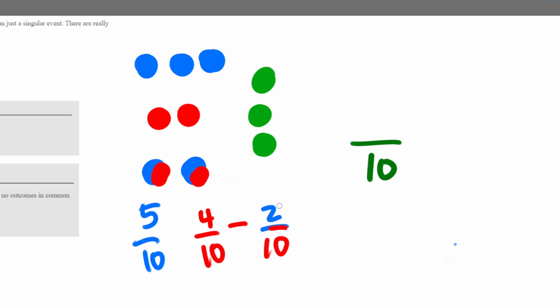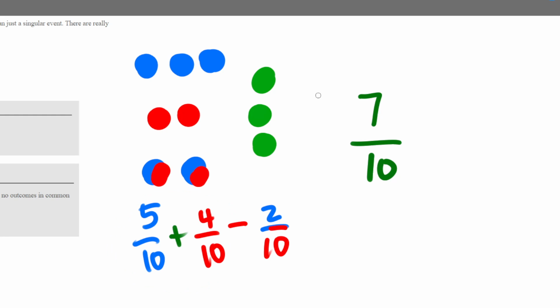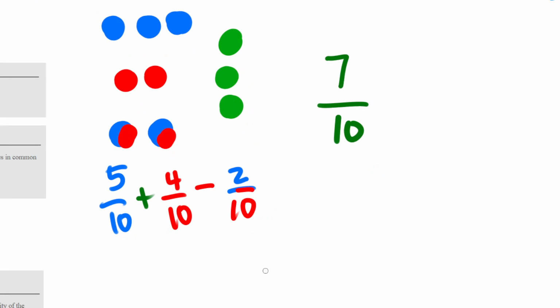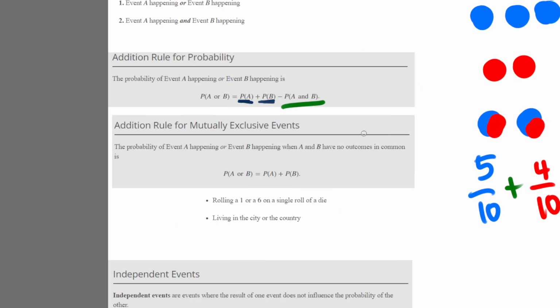So this will give us 7. There's a 7 out of 10 chance of pulling a red or a blue. Because if we had just kept this 5 and 4, that would give us 9 out of 10. But then we still have these. It wouldn't make sense because we have more than 10 marbles in that case, but these two share. So that's what this minus part is about.